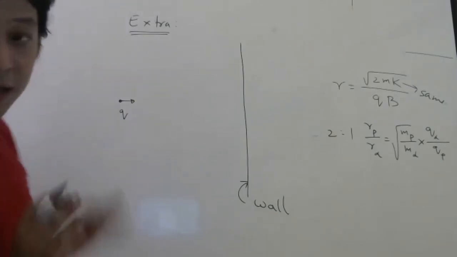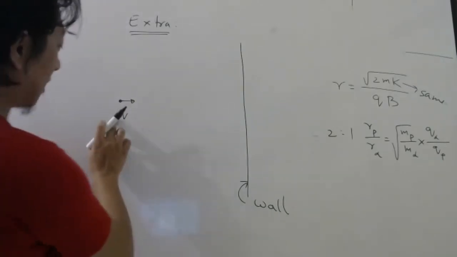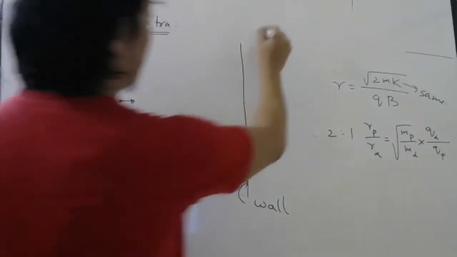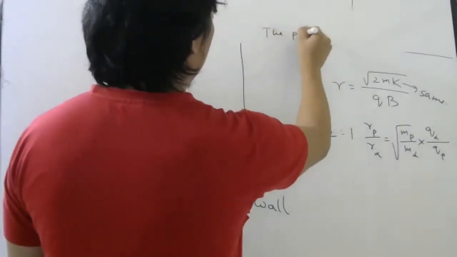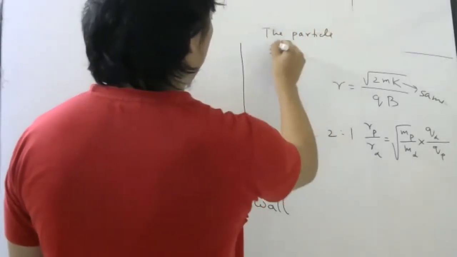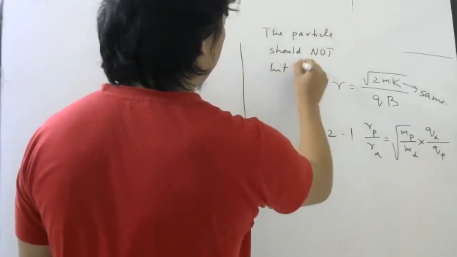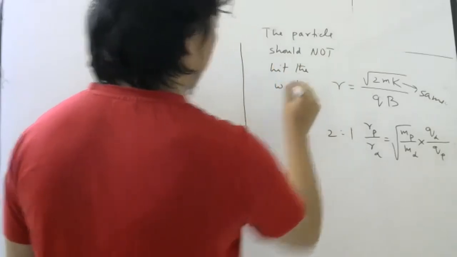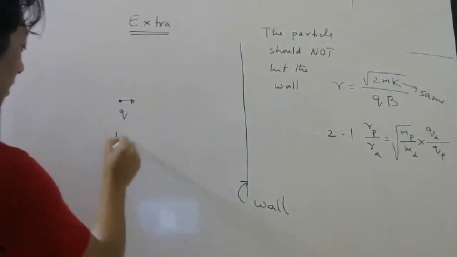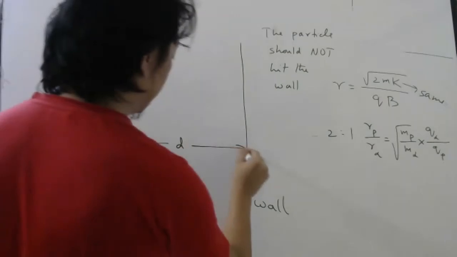Now my condition is I don't want this charged particle to hit the wall. The particle should not hit the wall. And this initial distance is given d.